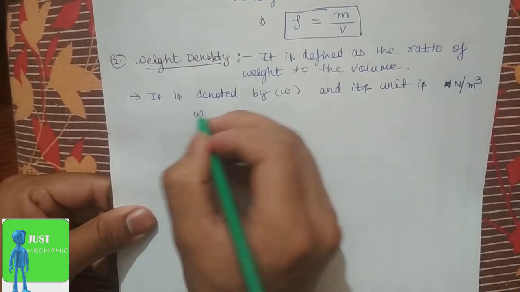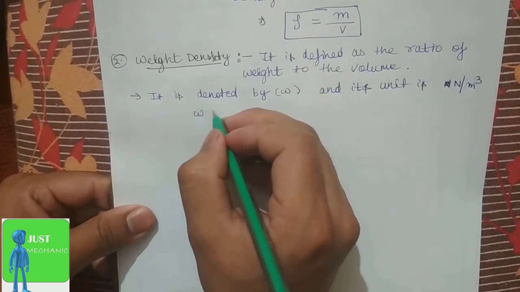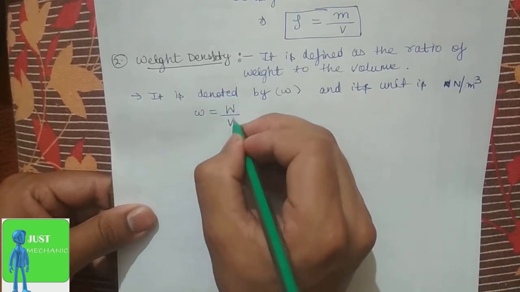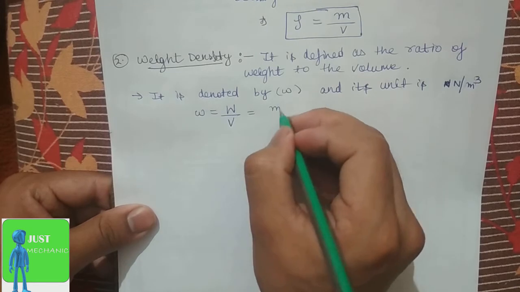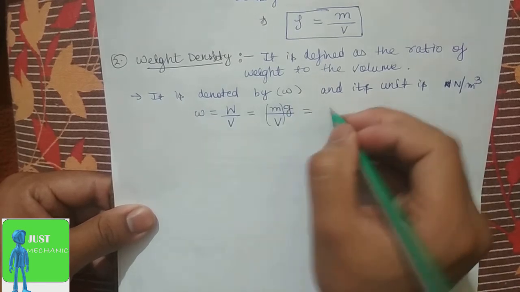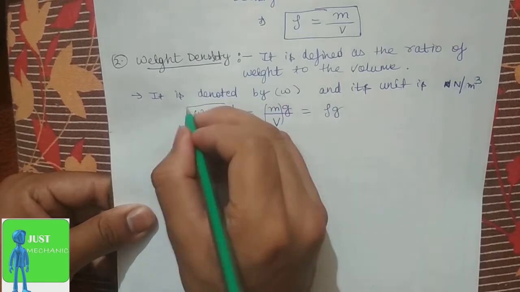Specific weight w equals capital W divided by volume, equals m into g divided by volume, equals rho into g.